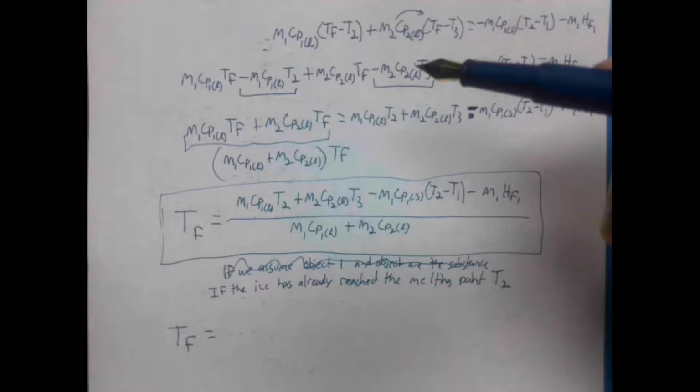So this would equal M1 T2 plus M2 T3 minus M1 HF over CPL, divided by M1 plus M2, is the final temperature.